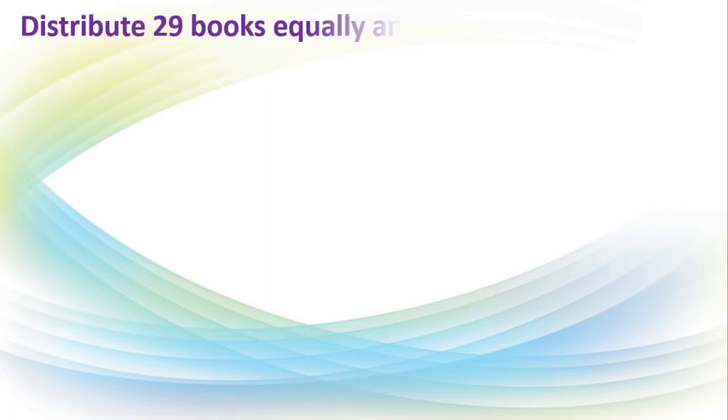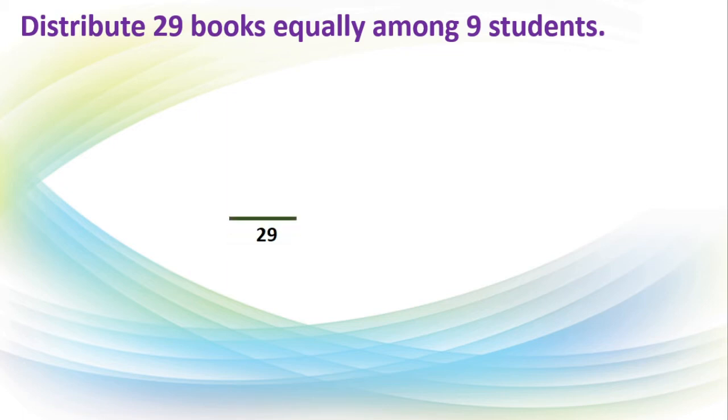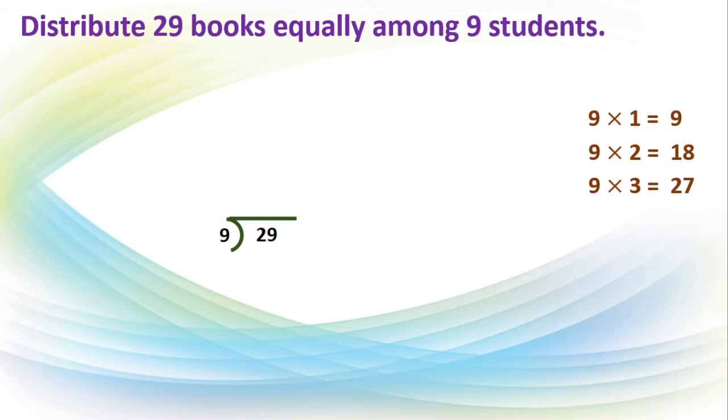Next, distribute 29 books equally among 9 students. Here 9 students are there and 29 books are there. Correct? So we will divide 29 by 9. Okay? We will recite the 9 times table. 9 ones are 9, 9 twos are 18, 9 threes are 27, 9 fours are 36.